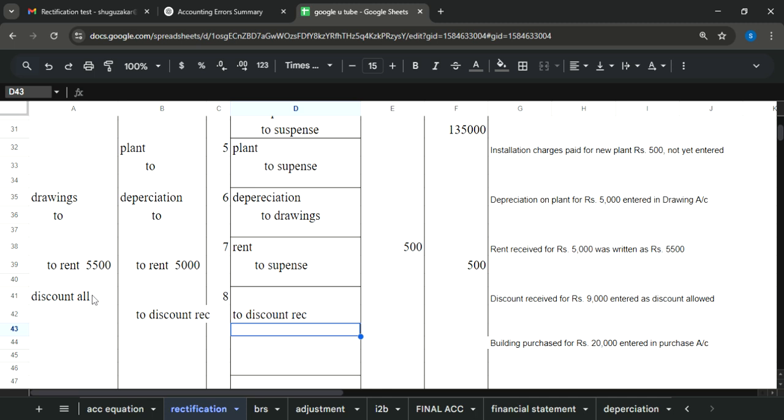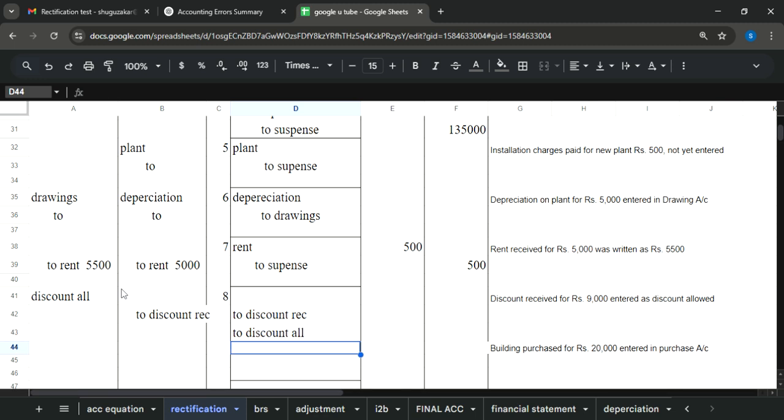Discount allowed was wrongly entered. If it was written on the debit side, you will transfer it to the credit side. So here discount allowed. Now nothing is present on the debit side, so for the time being you will write suspense account. So the rectified entry we have made is suspense to discount allowed to discount received.